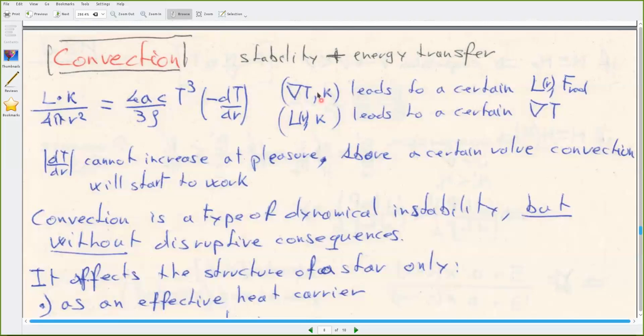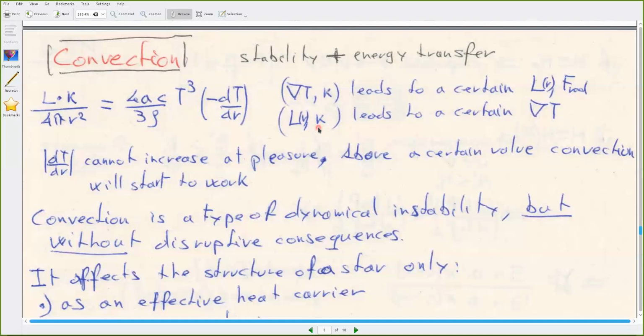Observing, we can understand that essentially a certain pair of data, gradient and opacity, leads to a certain value of the luminosity at the distance, the flux due to the radiation.